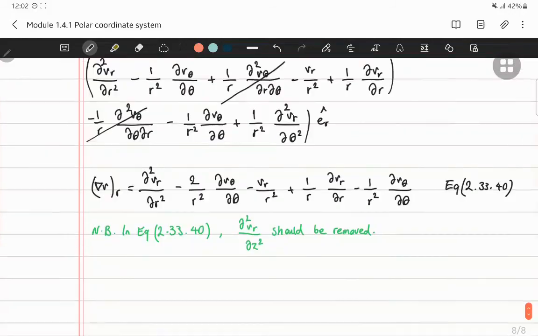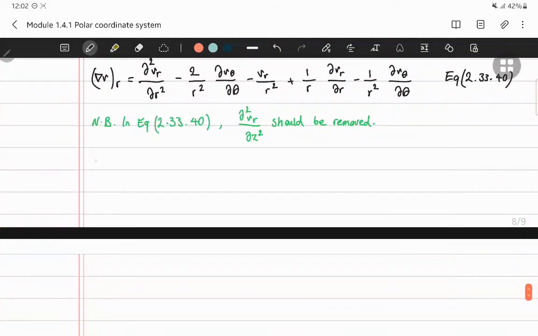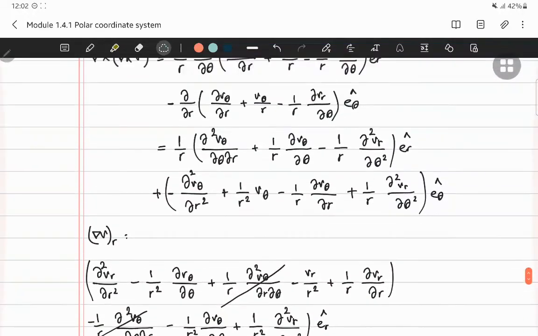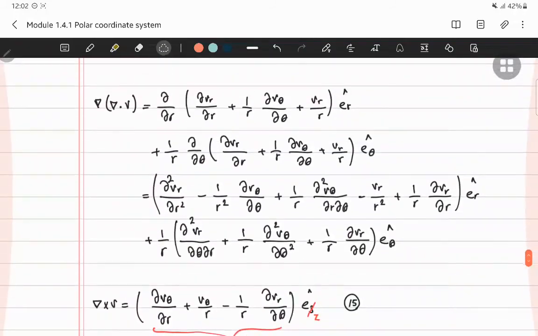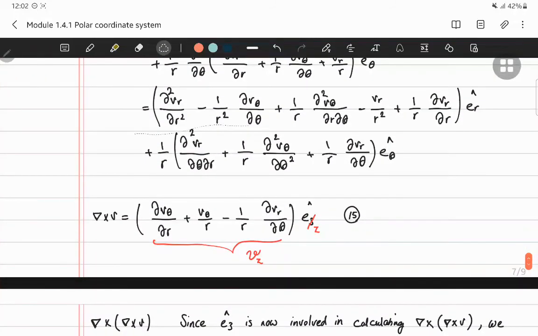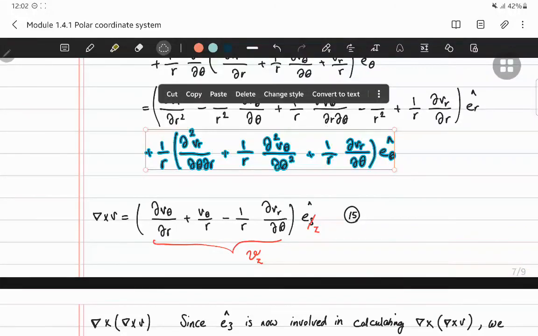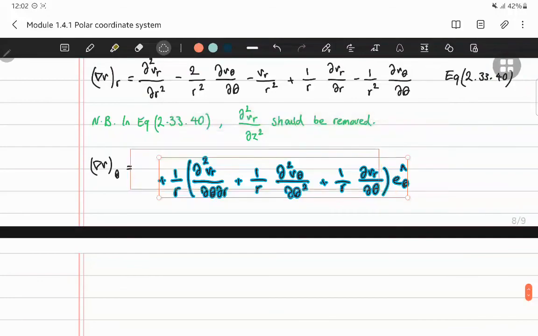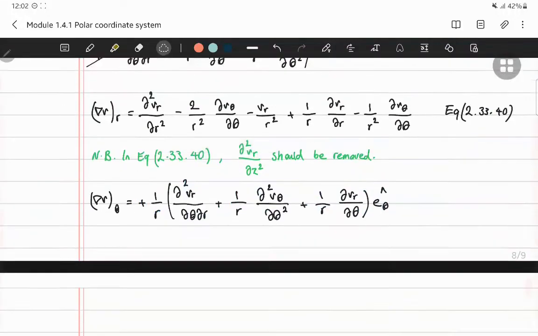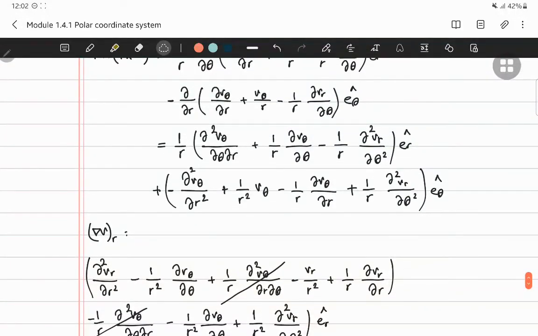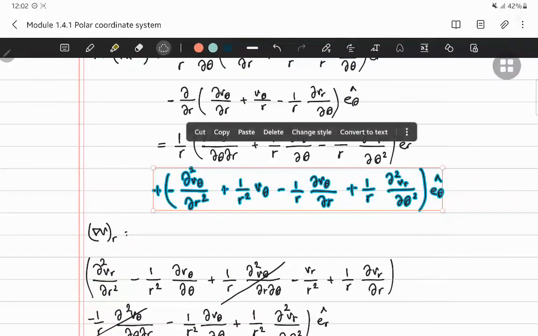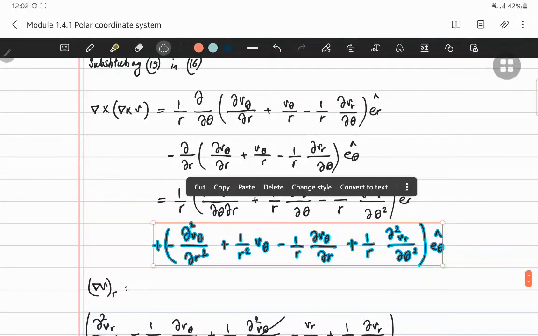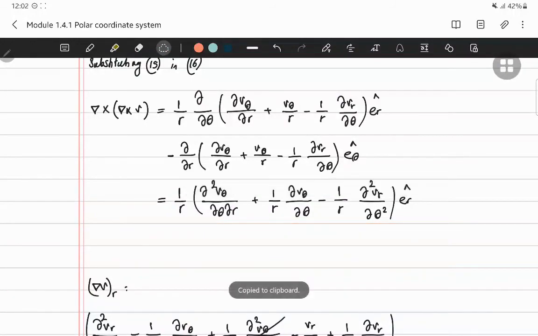Great. So next we have the other component, del v theta. So we have this from here, copy, just paste it here. And then we have this expression from here, from the second term.